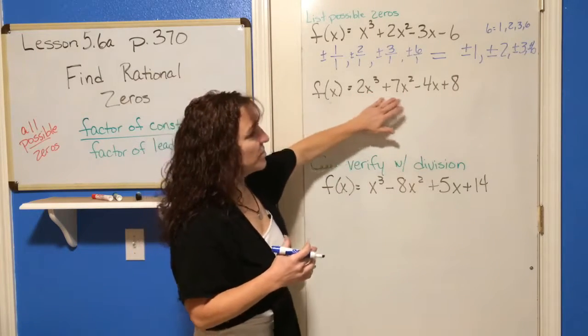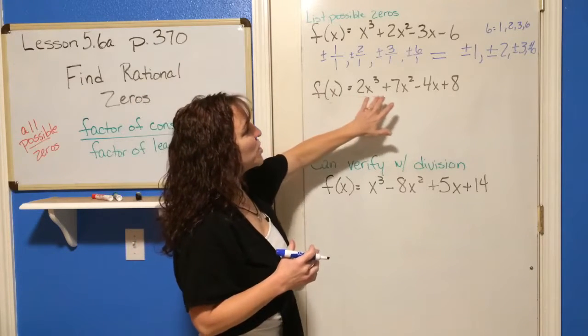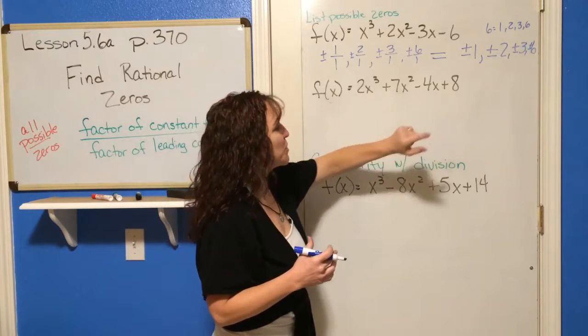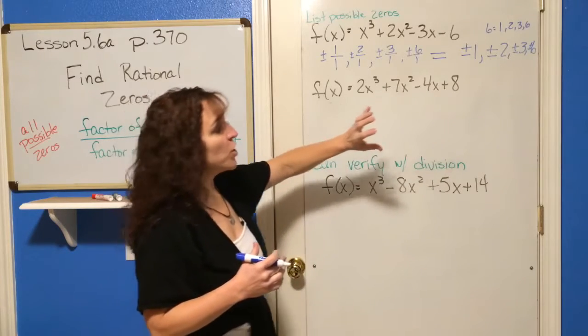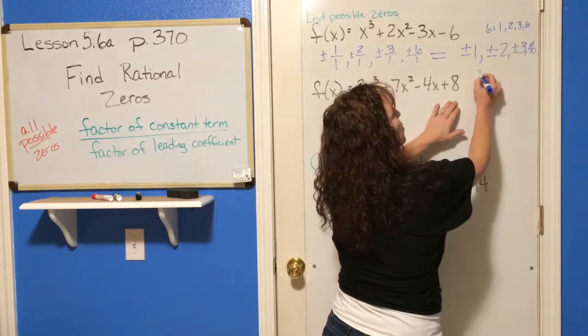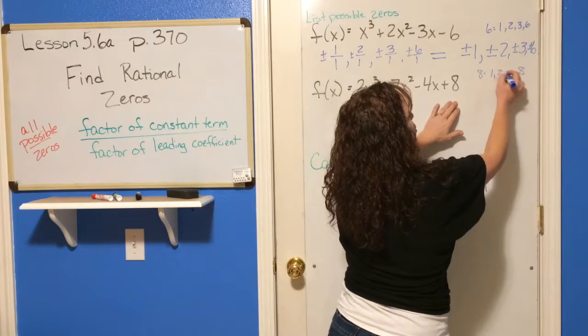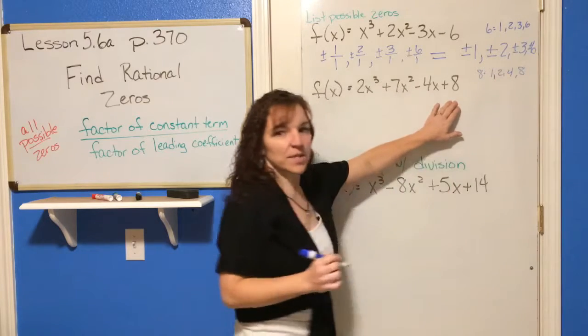All right, let's do one that's a little bit more difficult, because we've got 2x cubed plus 7x squared minus 4x plus 8. So first we want to know what are the factors of our constant term. So the factors of 8 are 1 times 8 and 2 times 4, and that's it.